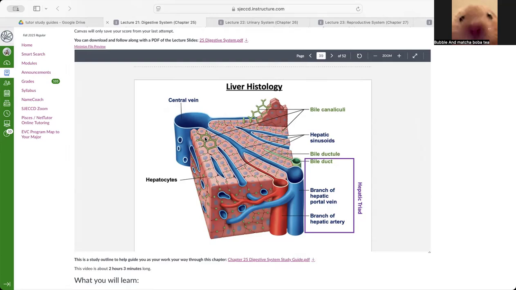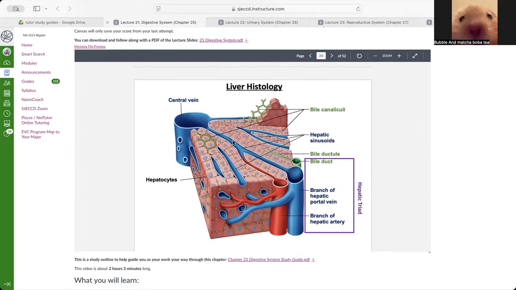So let's go through it. This is the bile canaliculus, taking bile from the hepatocytes. Blood then goes to the hepatic sinusoids. These are fed by the branches of the hepatic portal vein and hepatic artery, and lead to the central vein. The hepatocytes process blood in order to produce bile.